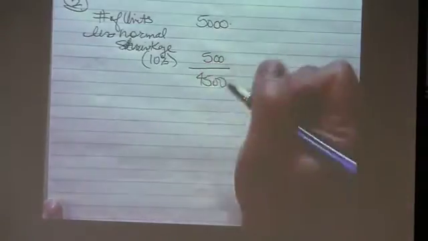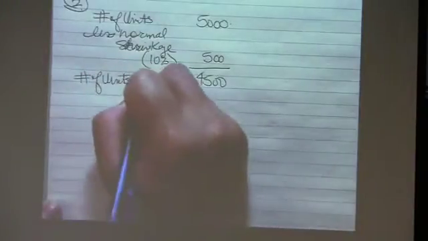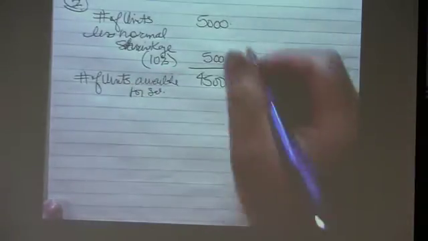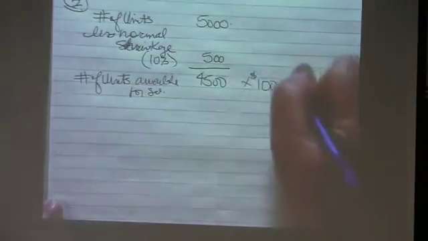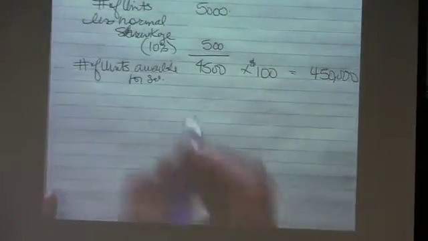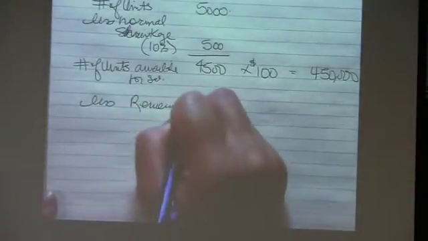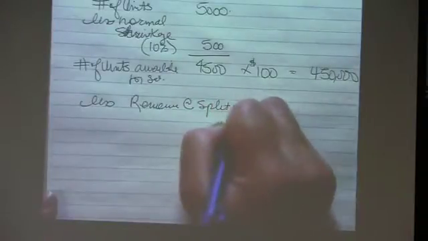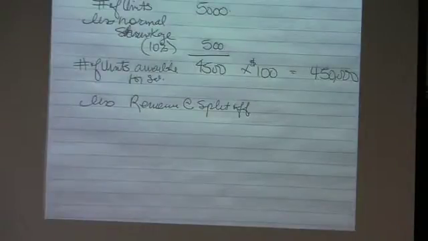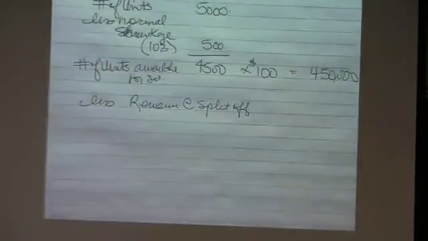So we know that's 4,500 our number of units available for sale. And we know that these ones are $100 each. So the revenue is $450,000. The incremental revenue is $450,000 less the revenue at split off. And what was the revenue at split off? It was 300,000, right? We did that in part one, didn't we?